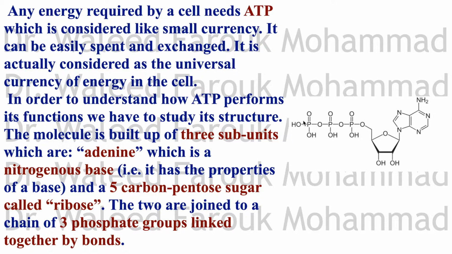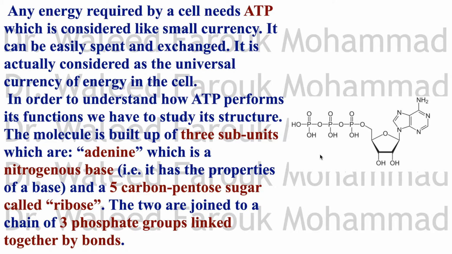Usually one phosphate from each ATP is broken down to form what is called adenosine diphosphate, or ADP, okay? This is adenosine triphosphate, three phosphates. When we break down a bond of a phosphate, the result will be adenosine diphosphate.